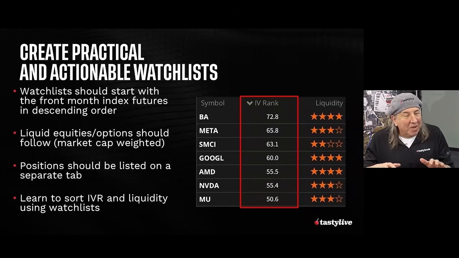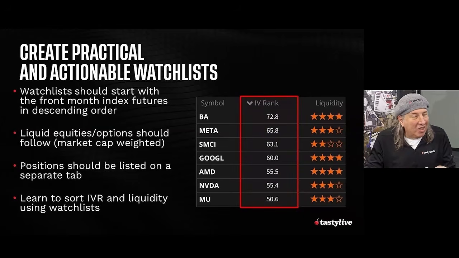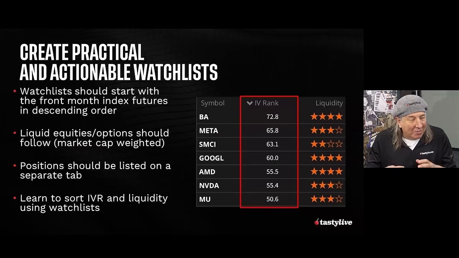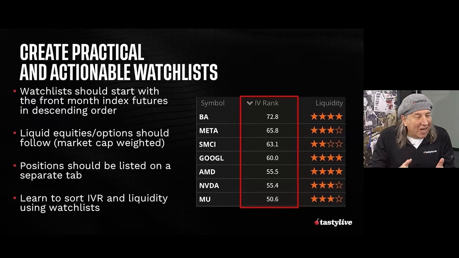And then following that, you want to put all your liquid equities. Now, liquid equities mean that the options are probably liquid. Sometimes you'll find an option marketplace that's super liquid when the equity itself or the index isn't really that liquid, but it's rare. So in descending order, following my futures, I will list them in groups.